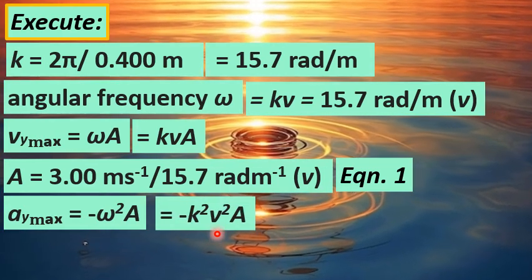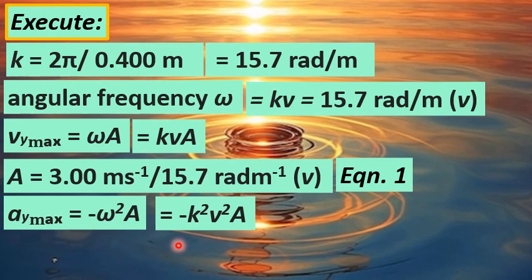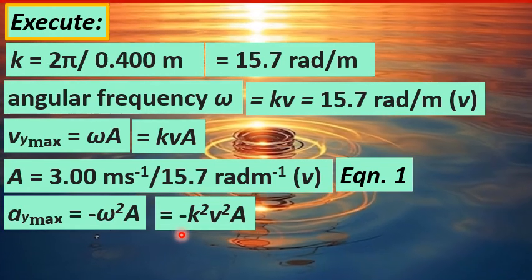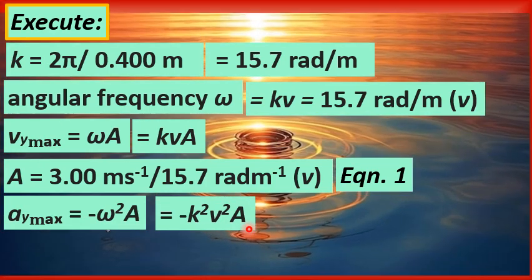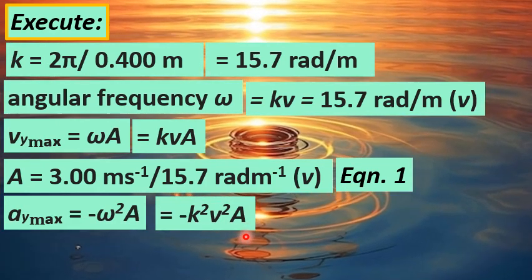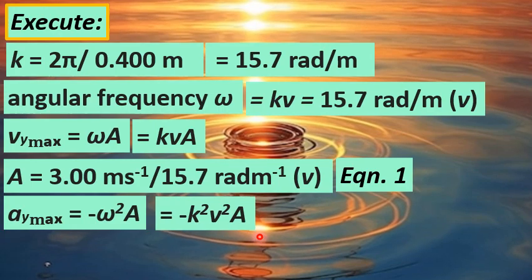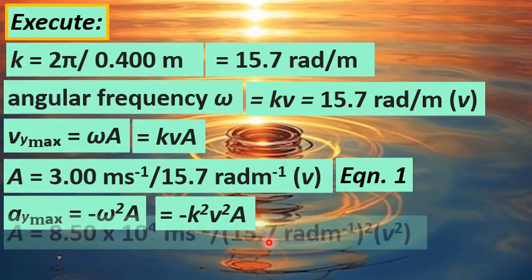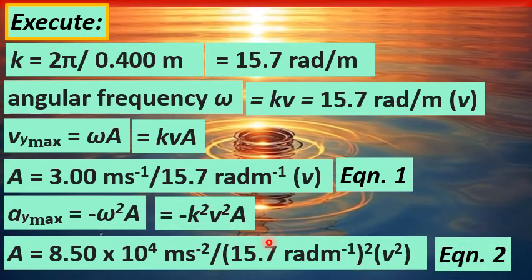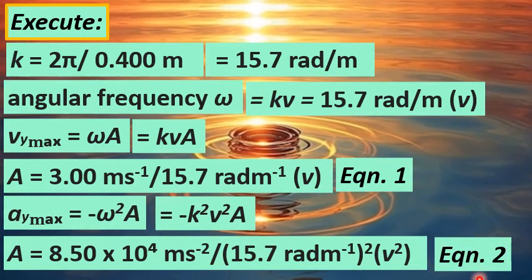That is, a sub y max is also equal to negative k squared v squared multiplied by the wave's amplitude capital A. And again, we can isolate the amplitude capital A for us to come up with equation number 2.